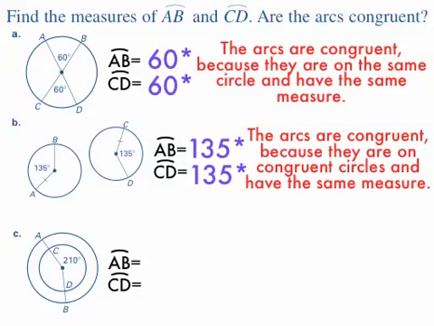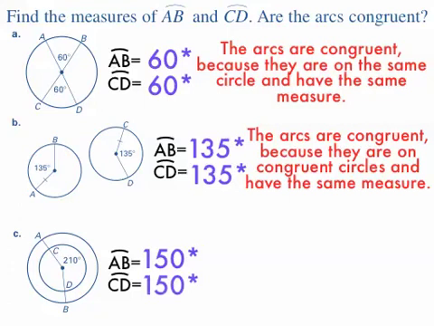For example C, they want us to find the measure of the minor arc again, remember. They tell us the major arc here would be 210 degrees. So we would take 360 minus 210, and it would tell us that the minor arc would be 150 degrees, and that's going to be true for arc AB and for arc CD.